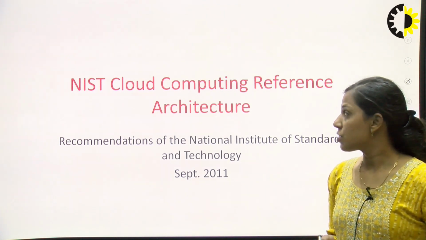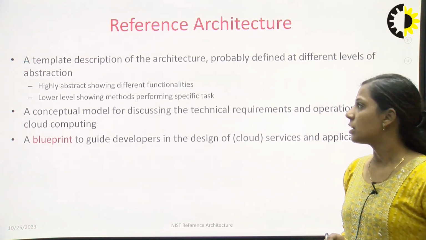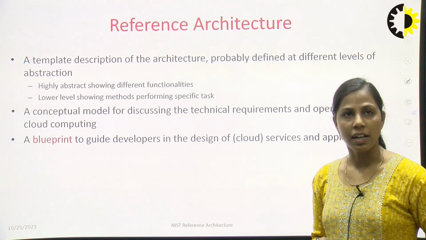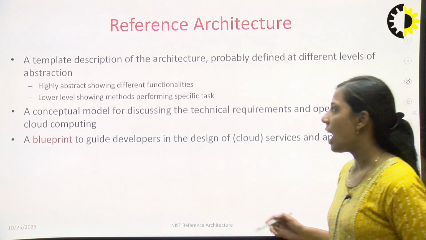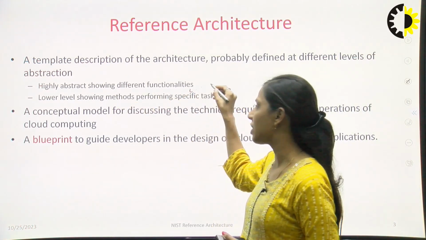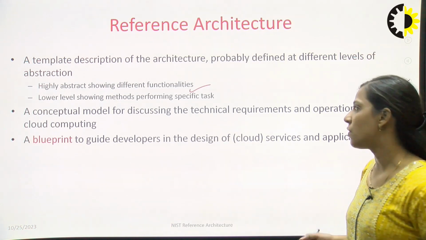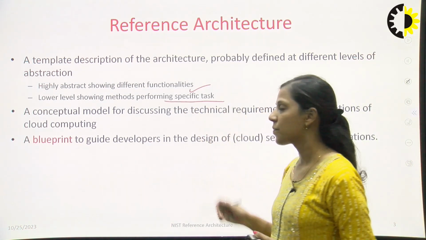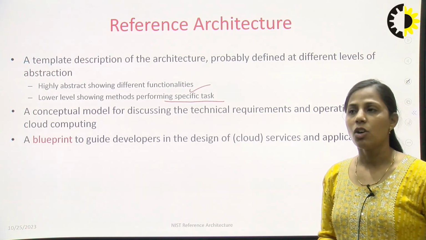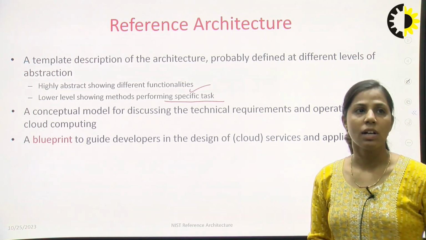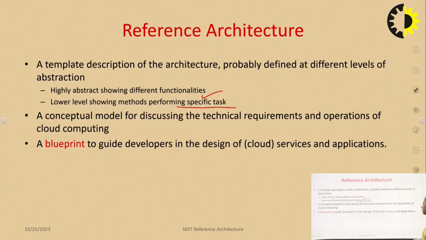On the recommendations of NIST, the architecture and the template is given that describes the various architectures at different levels of abstraction. It defines highly abstract views showing the different functionalities. It also describes the various methods which perform specific tasks. We can call the reference architecture a blueprint to guide different developers in the design of cloud services and applications.